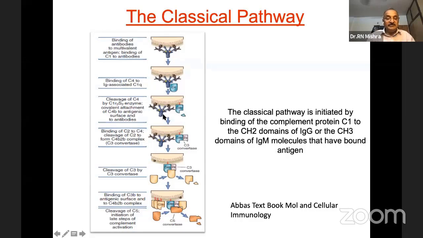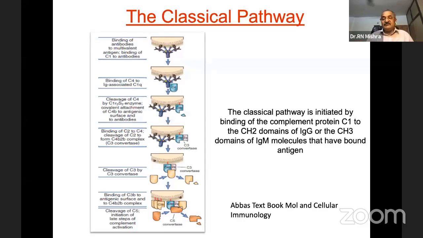C4a is liberated and C4b gets attached. Then binding of C2 to C4 is the next step. That is crucial because that causes formation of C3 convertase.